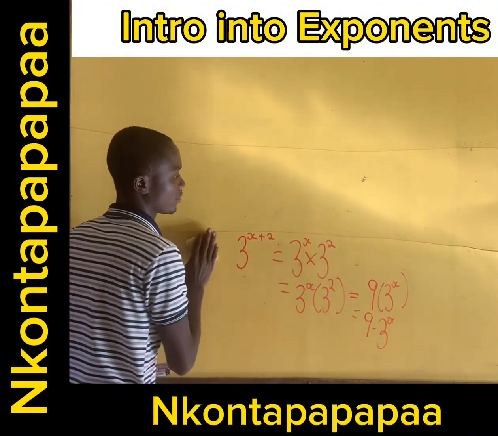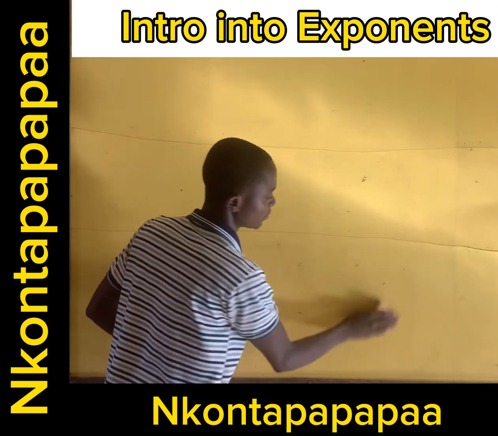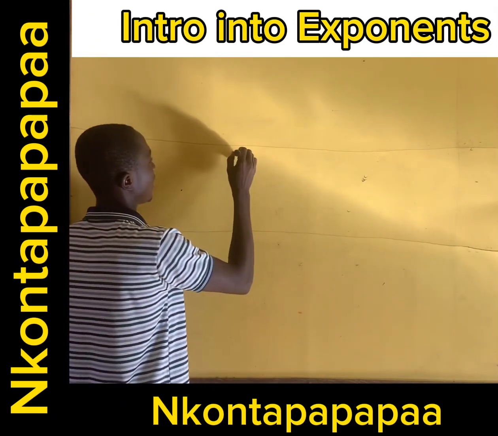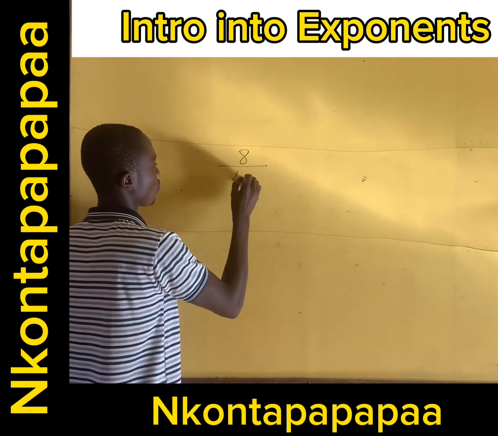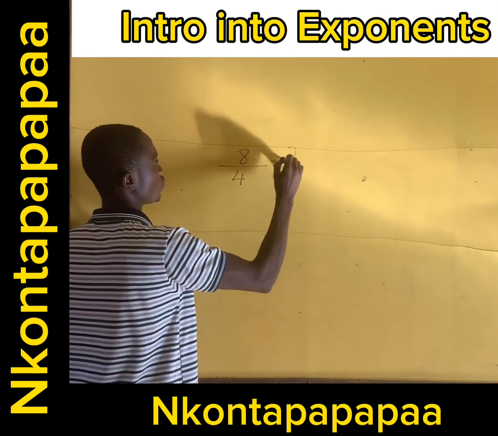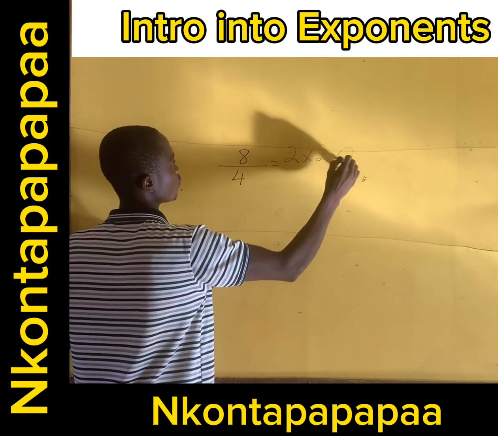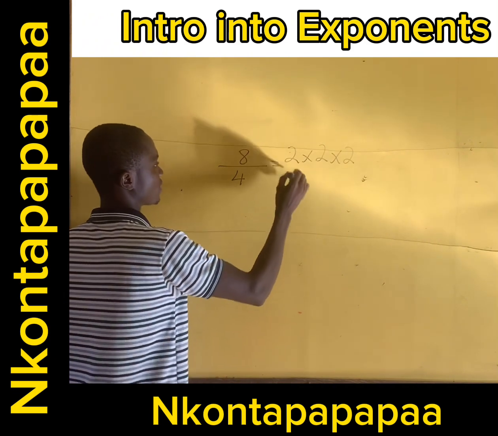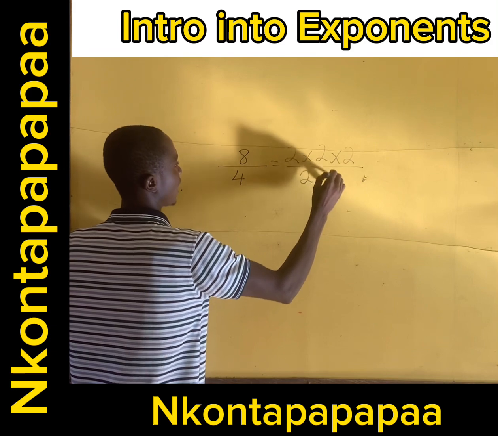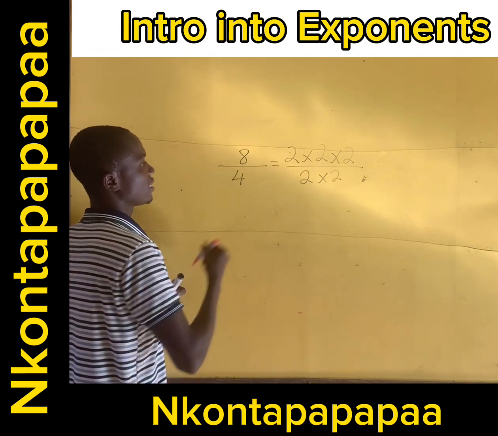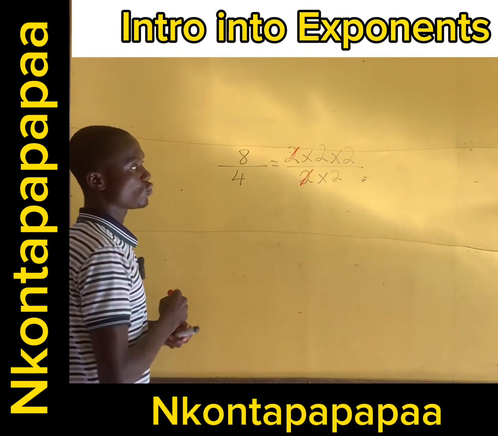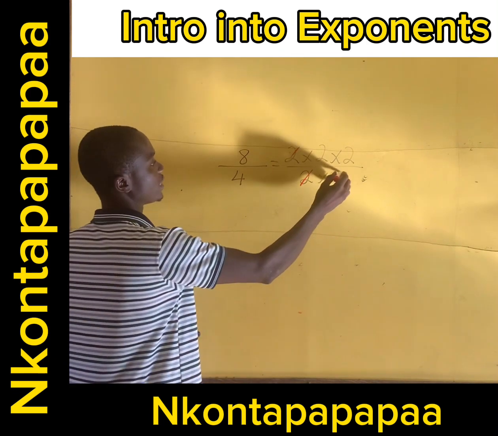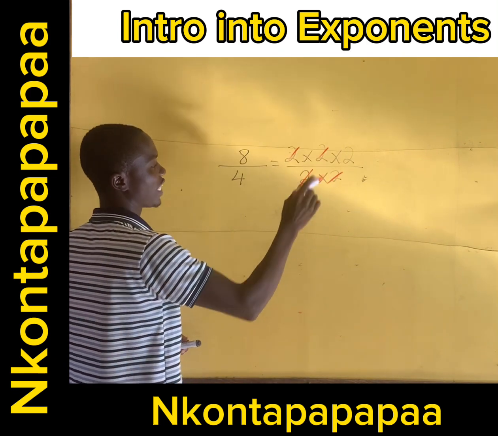If I have 8 divided by 4, you see that this 8 is 2 times 2 times 2, 2 multiplying itself 3 times, divided by 2 times 2. So here you see that these 2 will divide this 2, 1 divided by 1, it will go. These 2 will divide this 2, 1 divided by 1, it will go.